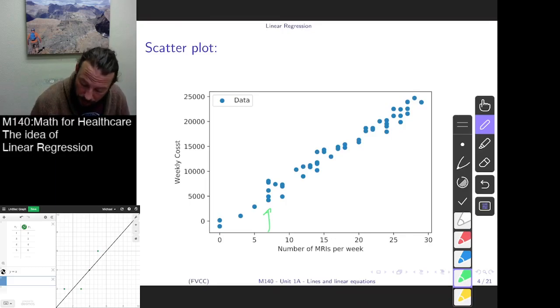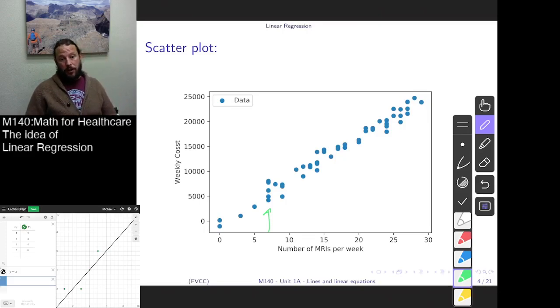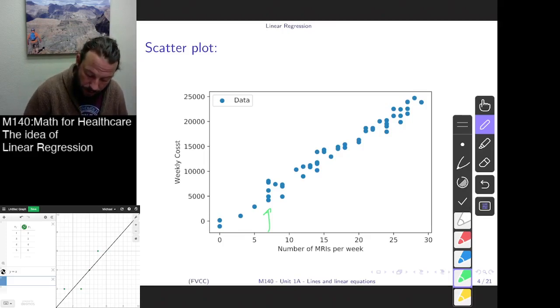We want to look at this and use the power of linear regression to get, even though these things don't fit on a line, there's certainly something linear about looking at this scatter plot. And scatter plots are important to look at before we just go plugging numbers in. The idea is linear regression is going to help us find this line here.